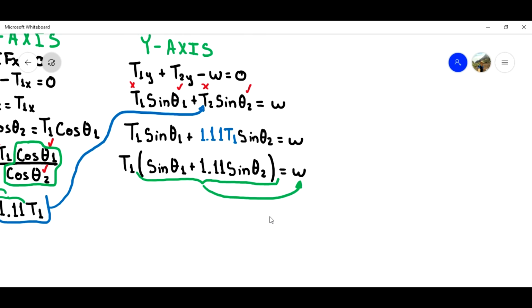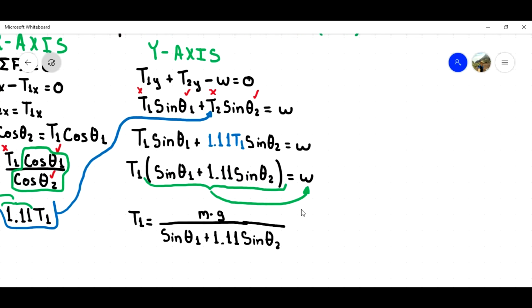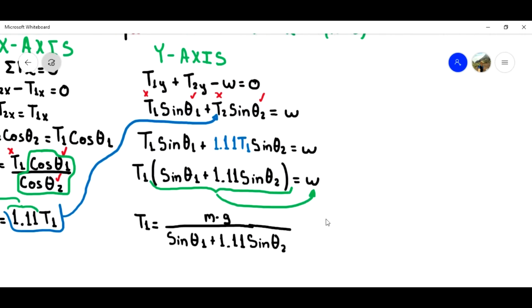So I'm going to have tension 1 equals a fraction: sine of the angle of the tension 1 plus 1.11 times the sine of the angle of the tension 2 in the denominator, and the weight, which is mass times gravity, in the numerator. Now I have this fraction over here. With this one, I'm going to get the tension 1.